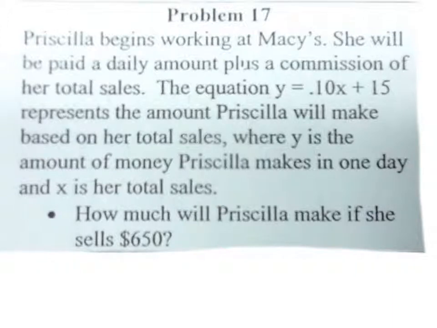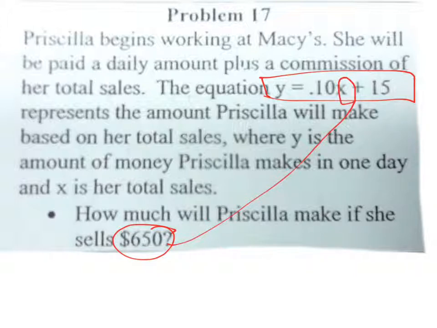Problem 17, we have Priscilla working at Macy's. She gets a commission here. It's looking like 10% of whatever she sells, plus 15 is how much she's going to make. This might be a little bit confusing. How much does she make if she sells 650? So this 650 is how many sales she's made, which is her x, total sales.